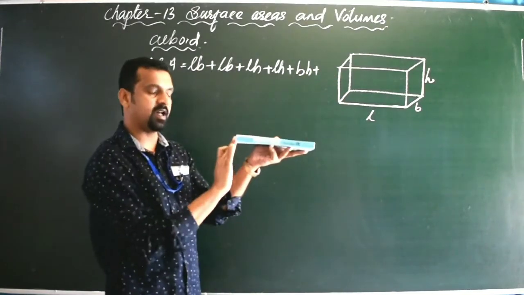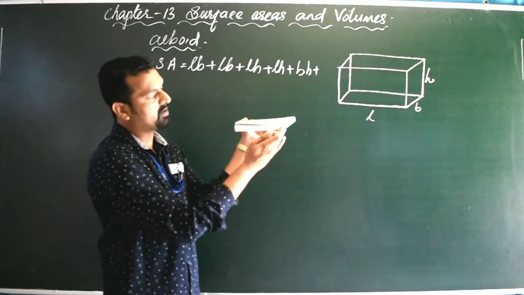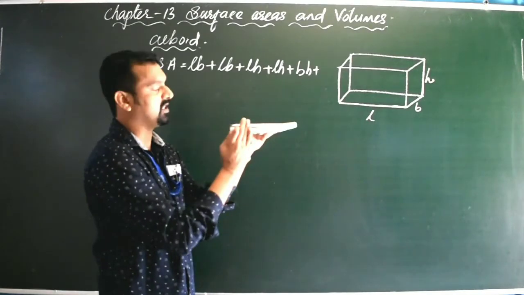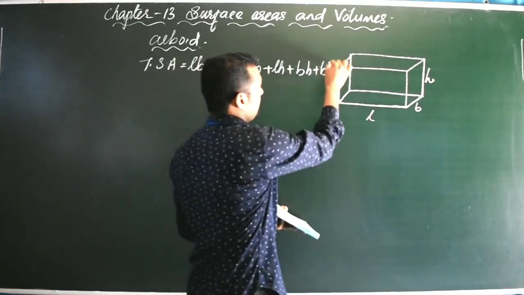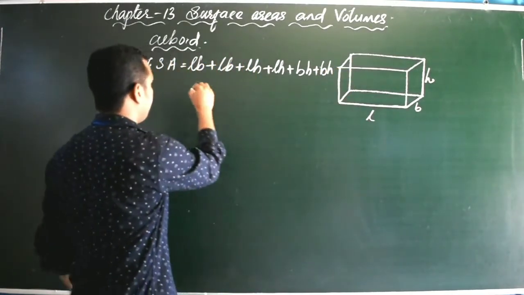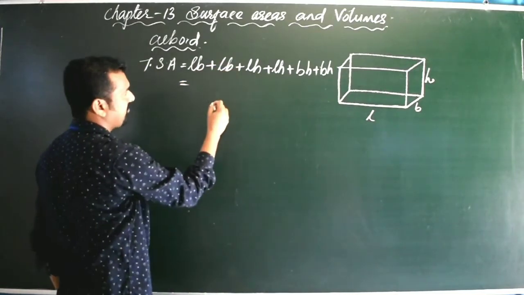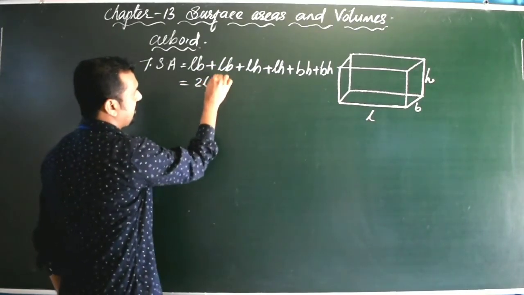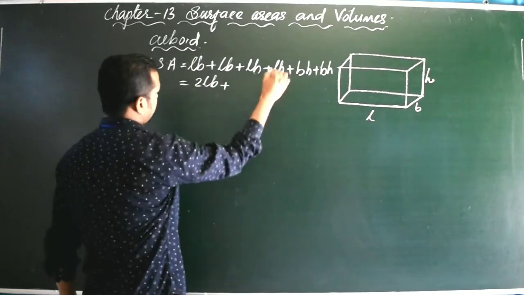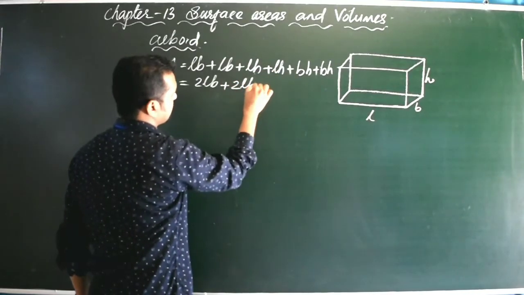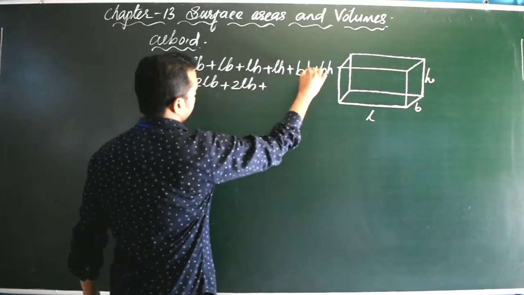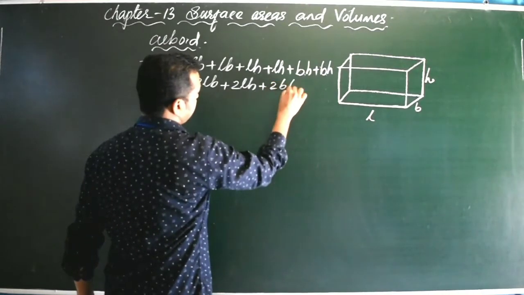Now this last face is also breadth into height, that is BH. Then that is equal to LB plus LB. What is the formula? 2LB plus LH plus LH, 2LH, plus BH plus BH is equal to 2BH.